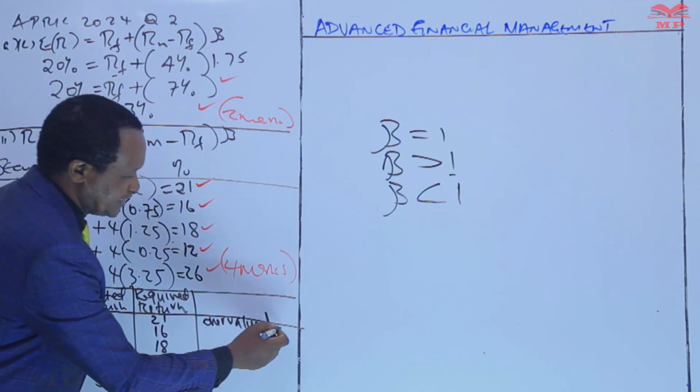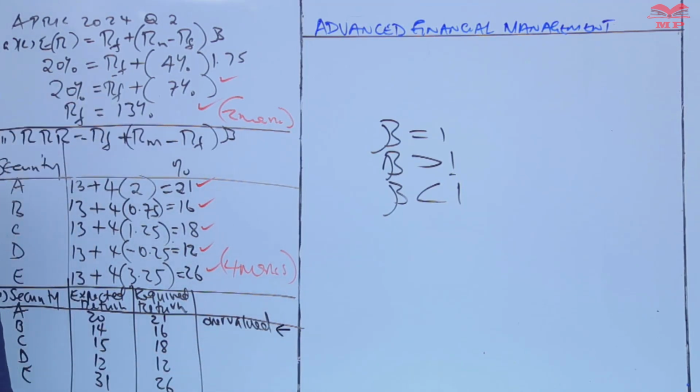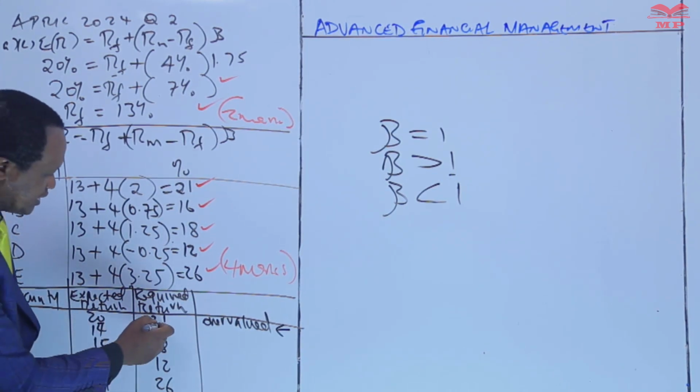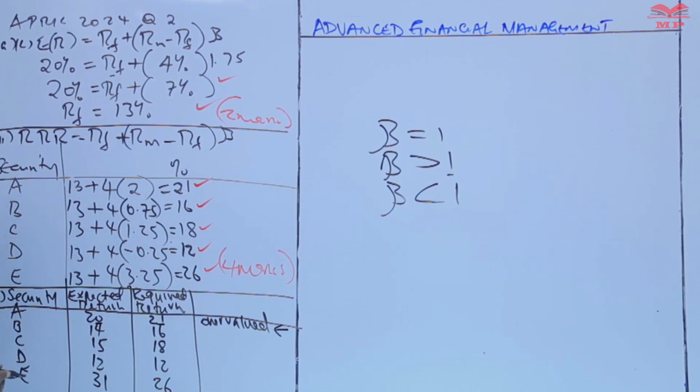But in our case here, the expected return is lower than the required rate of return.